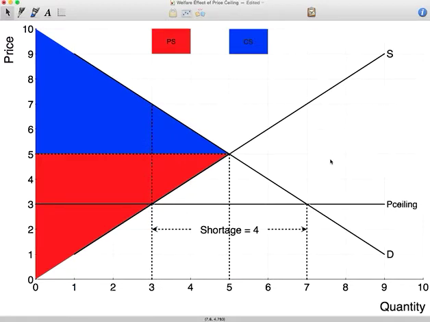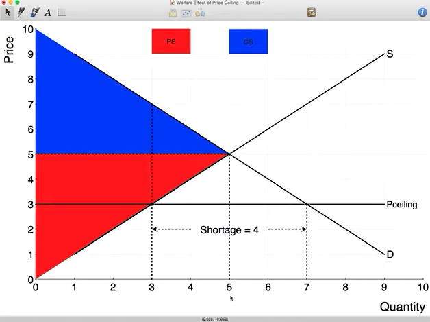So this is how we can analyze what's going to occur. The first thing you should realize is that the 2 triangles that we see here, the blue triangle, the smaller one that's touching the original equilibrium point, and the red triangle that's touching the equilibrium point, those no longer are going to exist.